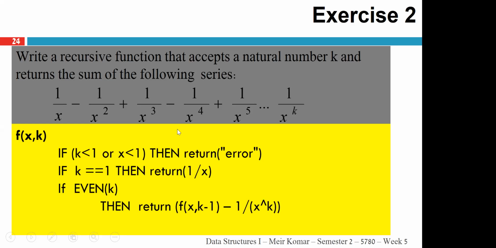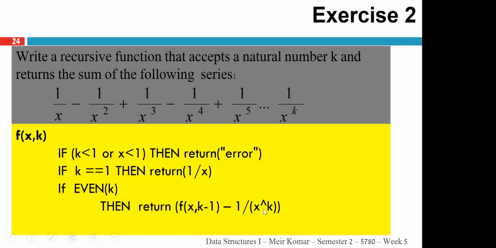If it's even, I want to return x to the power of k over 2 before that, minus this value. I bring to your attention this sign, which I think in English is called a caret, C-A-R-E-T. It's used to represent a power. It's like writing x to the power of k.